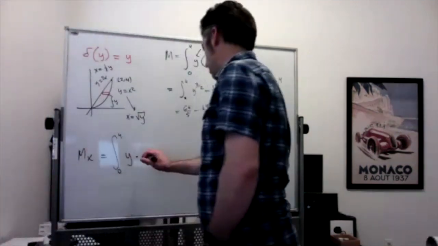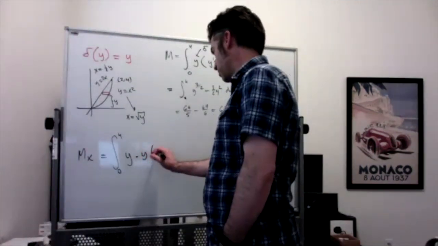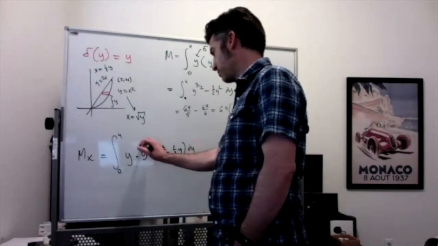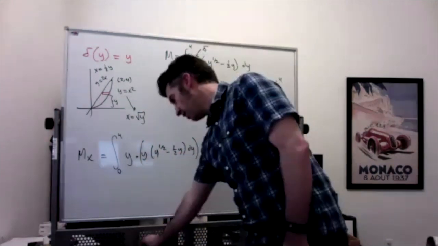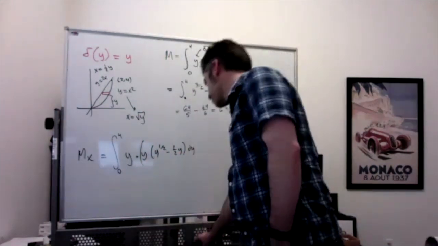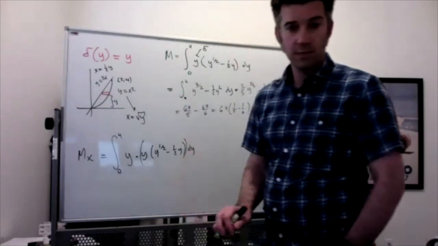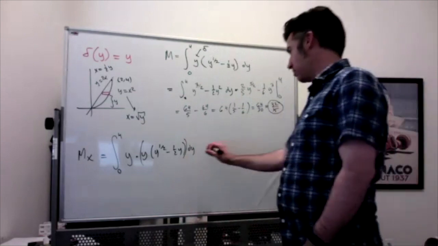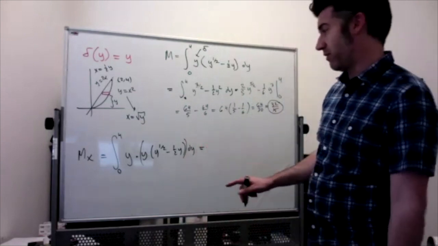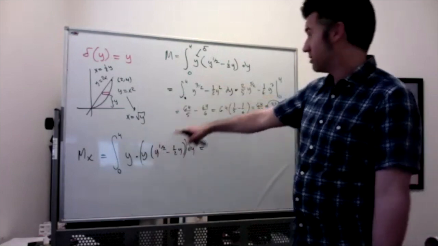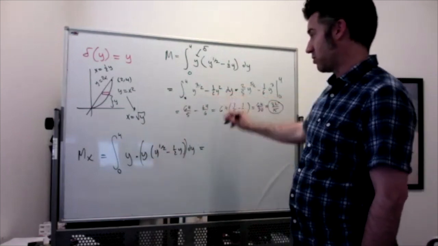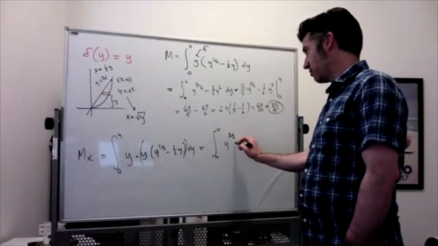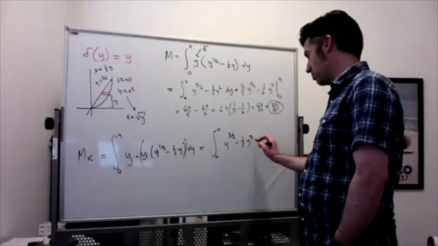So that's going to be times another y times y to the 1/2 minus 1/2 y. Okay, so again, these moments are usually not nice to calculate. If I multiply this out, I just have another factor of y. So instead of y to the 3/2 minus 1/2 y squared, I'm going to have the integral of y to the 5/2 minus 1/2 y cubed.